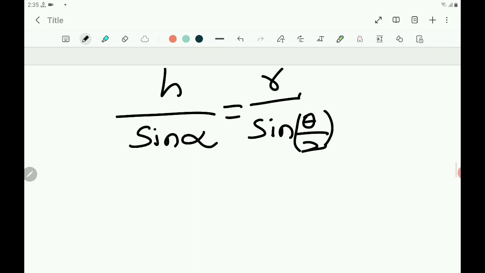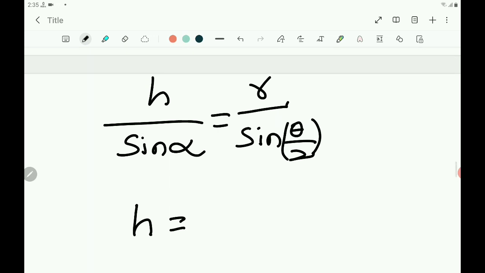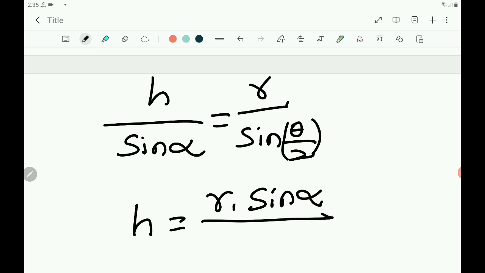So we write H equals R sin alpha by sin theta by 2.